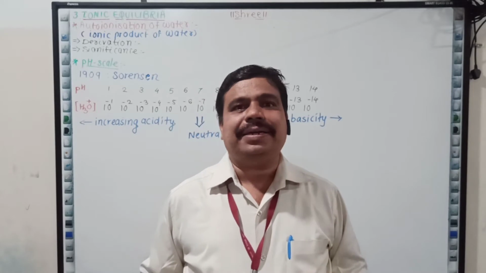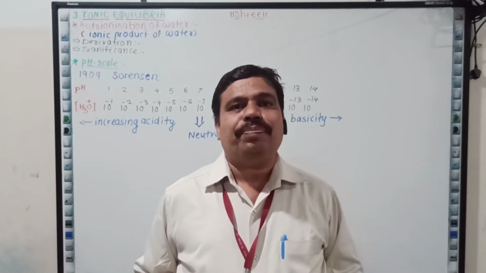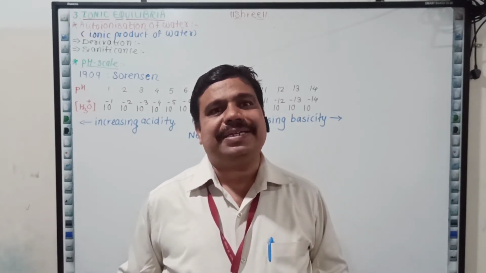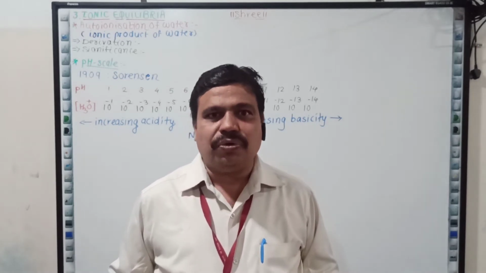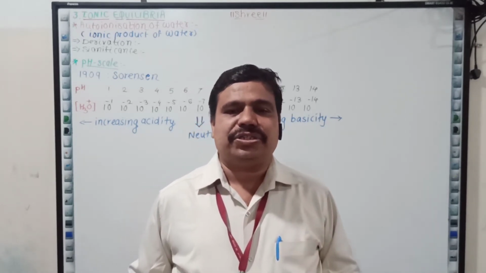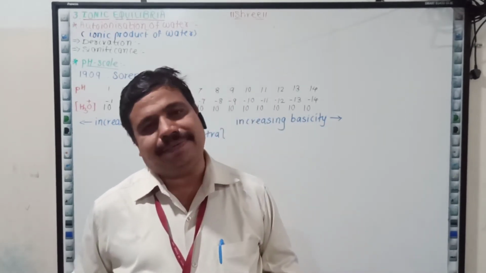Now we know that the value of Kw at 25 degrees Celsius is equal to 1 into 10 raised to minus 14.